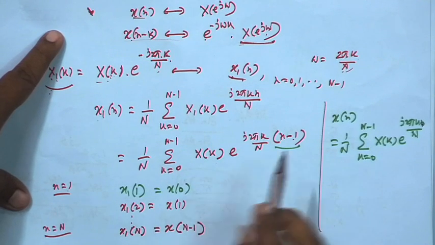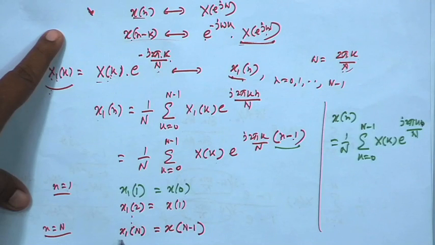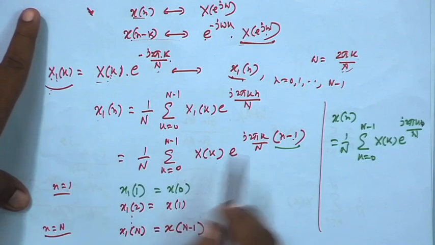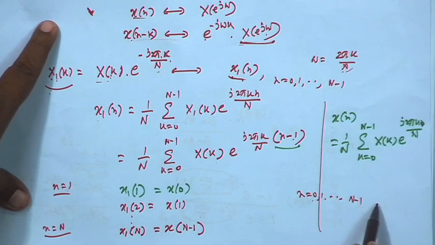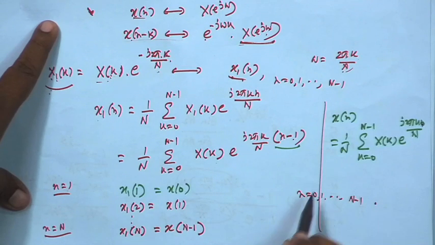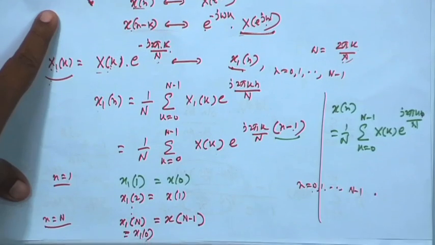But point is x 1 n also is defined from n equal to 0, 1 up to n minus 1. If I take capital N, the value that we will get, that will be same as the value at n equal to 0, because it is periodic. So, x 1 n is equivalent to x 1 0, all right.